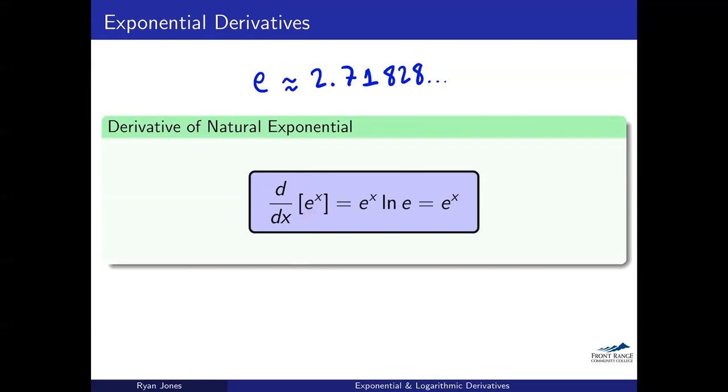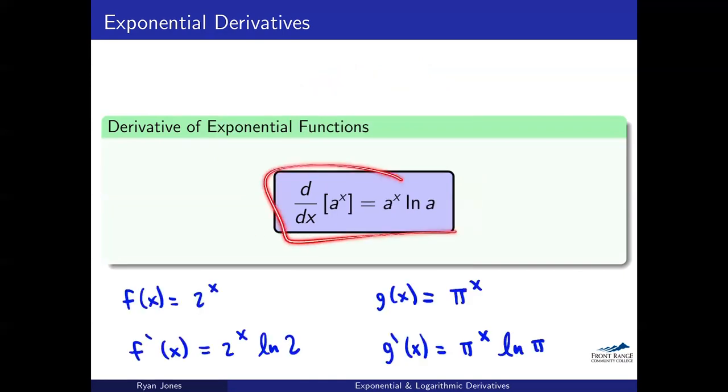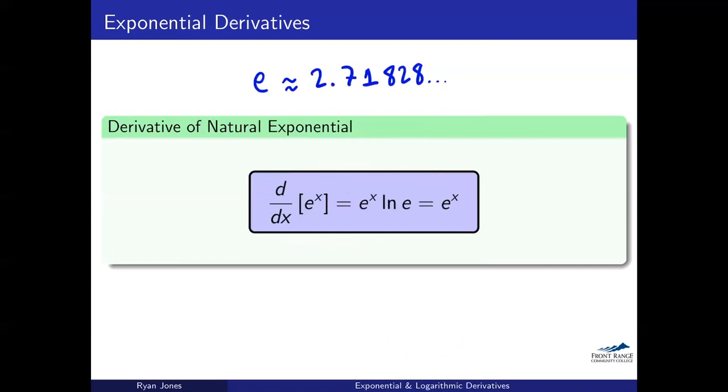So this part right here should look exactly similar to this right here. It's the same exact thing. The only difference here now is that we actually know what ln of e is, and ln of e is actually equal to 1. So you don't have to bother writing it. You can just write e to the x, and this is a perfectly acceptable answer, e to the x.